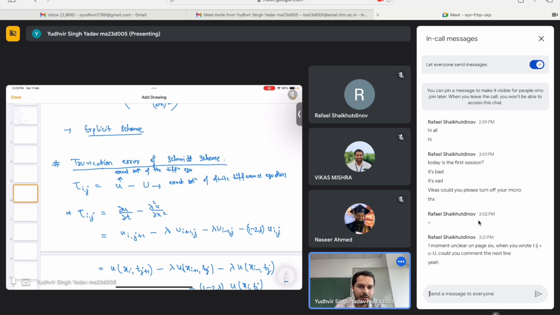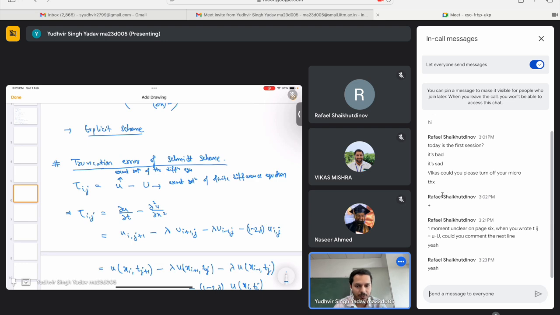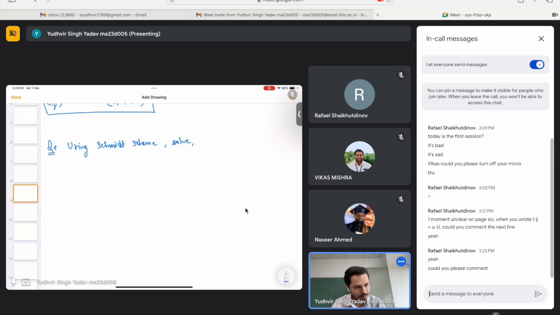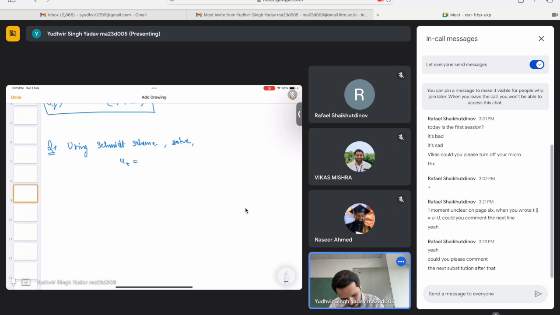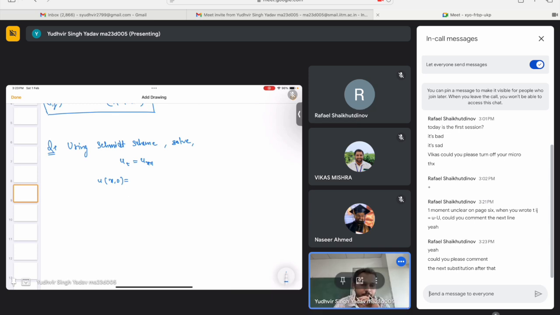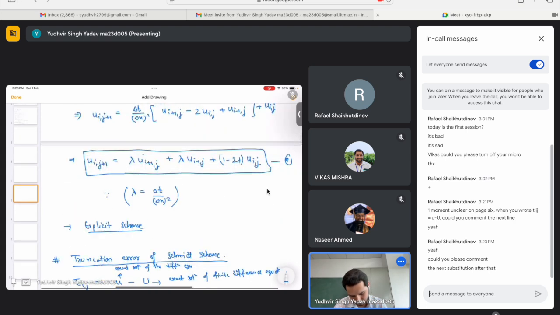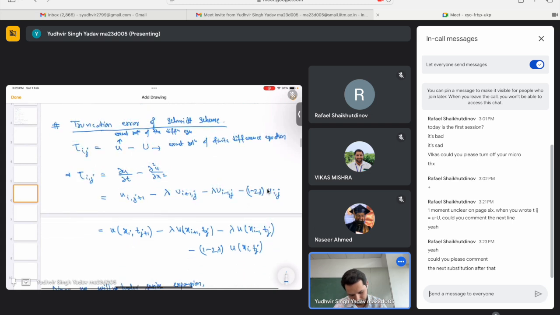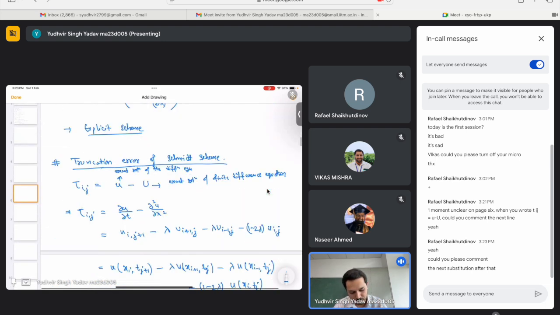Is it clear? Here the earlier equation is del u by del t equals del 2u by del x square.